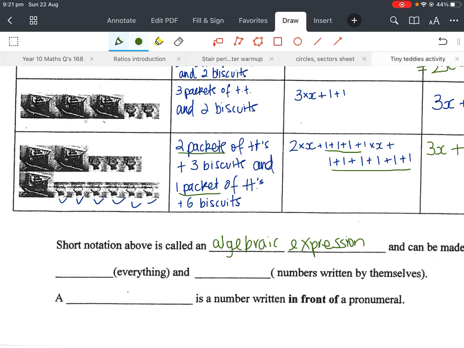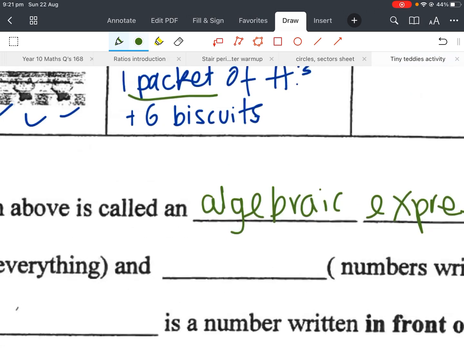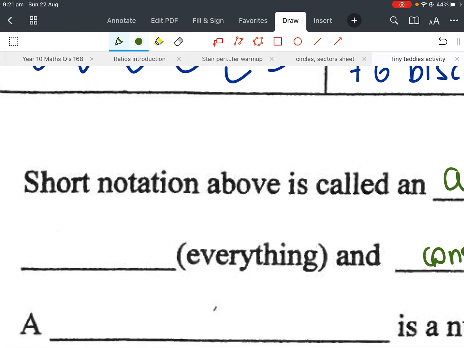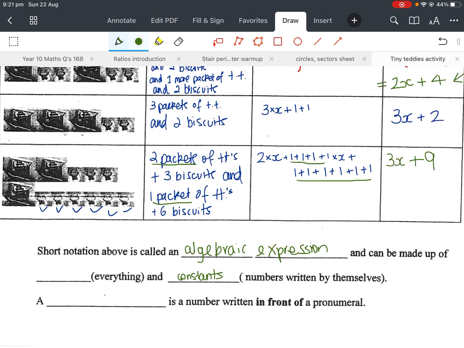Okay, so I know numbers written by themselves are constants, and everything is, that's a good one. Going to have to look that one up and get back to you on that one. And a something is a number written in front of a pronumeral. Okay, I know that one.